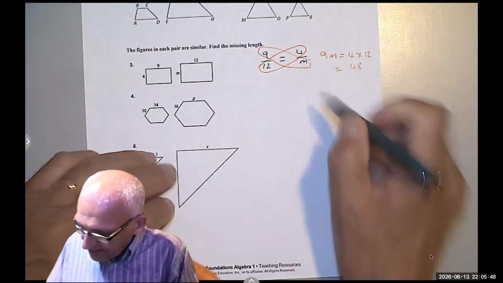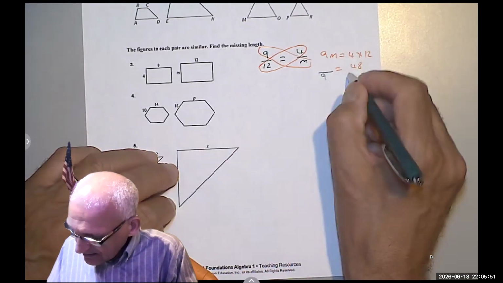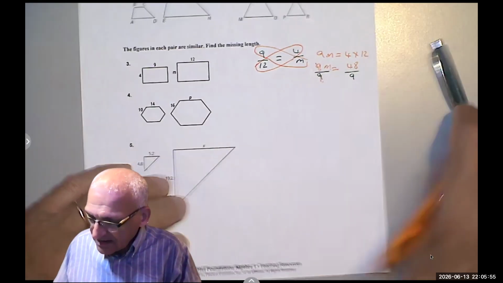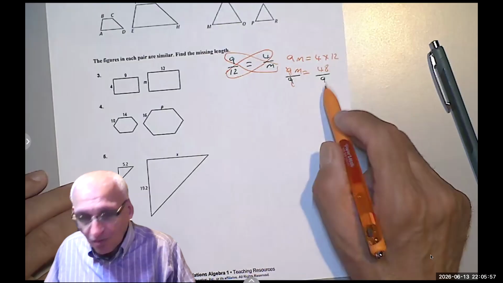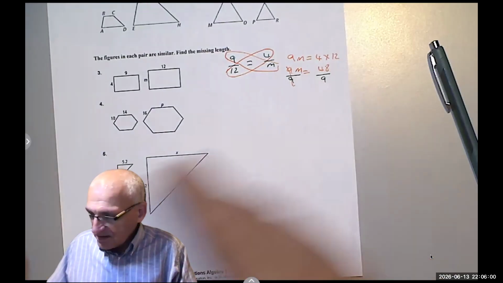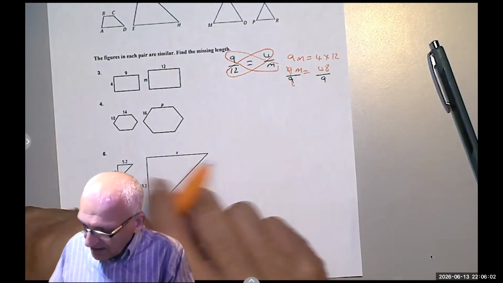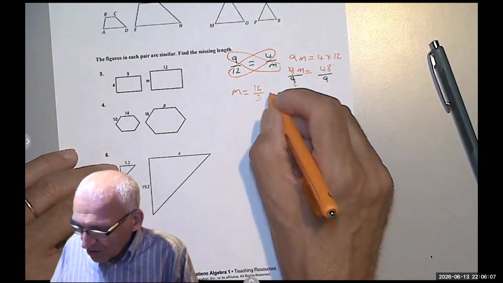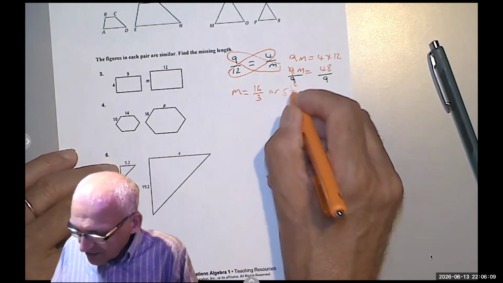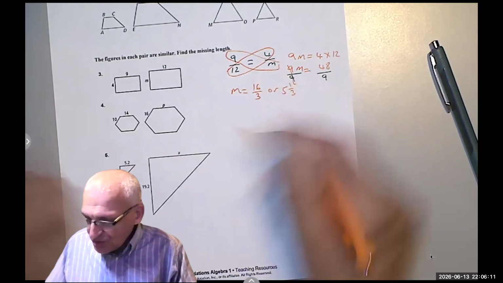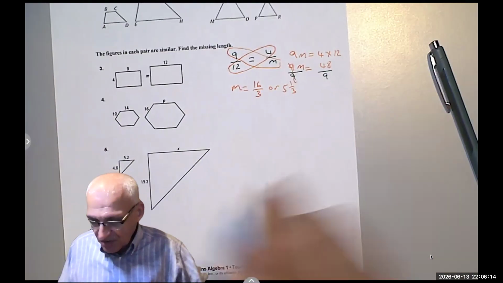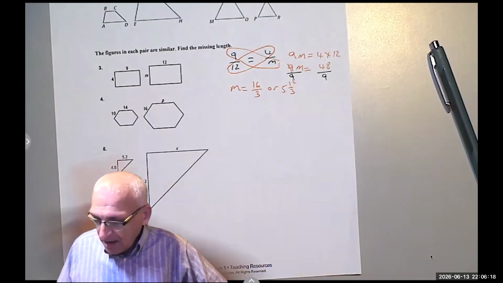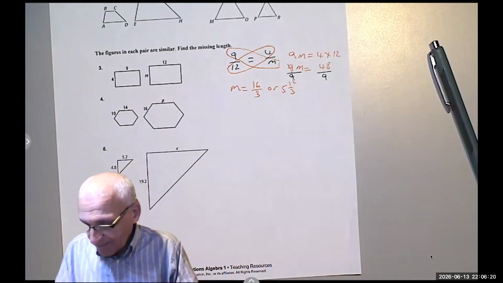So when you divide by 9 on both sides, the 9 cancels, and you get m equals 48 over 9. Both of them can be simplified by 3. So m here equals 16 thirds, or 5 1/3. And of course, units, but we don't have units to do here. So we can easily find m using this method.